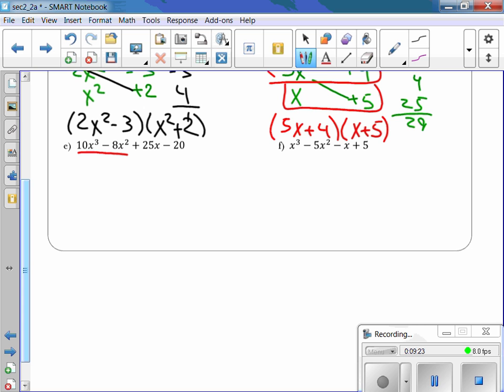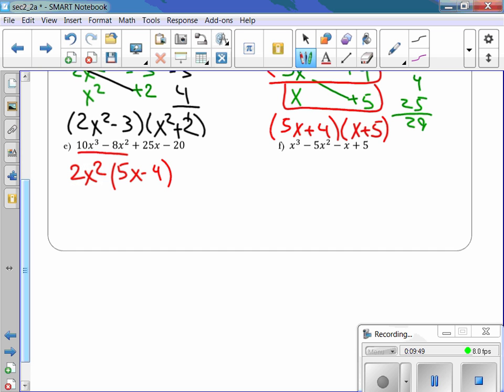X squared. Okay, and what about these? 2. Absolutely. So 2x squared. Leaving behind what there, Stephanie? Minus 1. Absolutely.